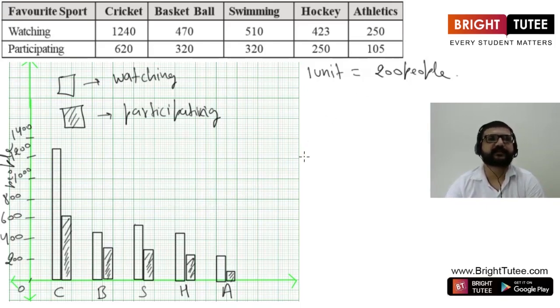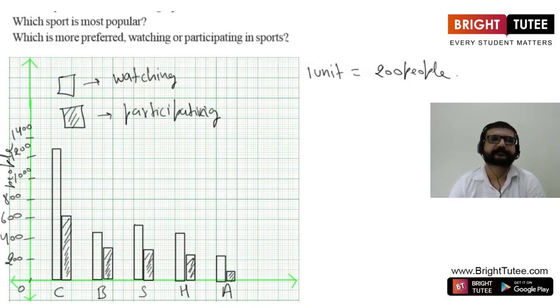Now we have to answer a few questions based on these bar graphs. The first question is, which sport is most popular? Now as we can see, the bars for cricket are higher. Therefore, the most popular sport will be cricket. Hence, the answer for this question will be cricket. And the second question is, which is more preferred, watching or participating in sports?